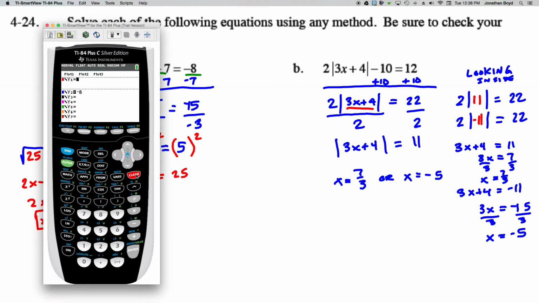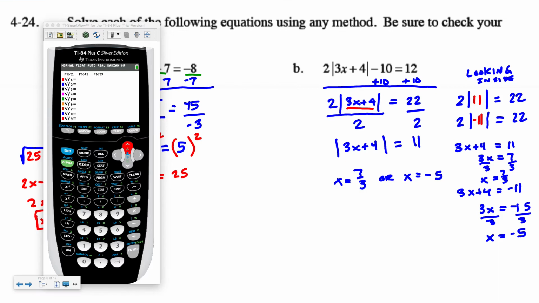Let's clear that out. I'm going to type in the left side as one of my functions, and then this is going to be my other function.